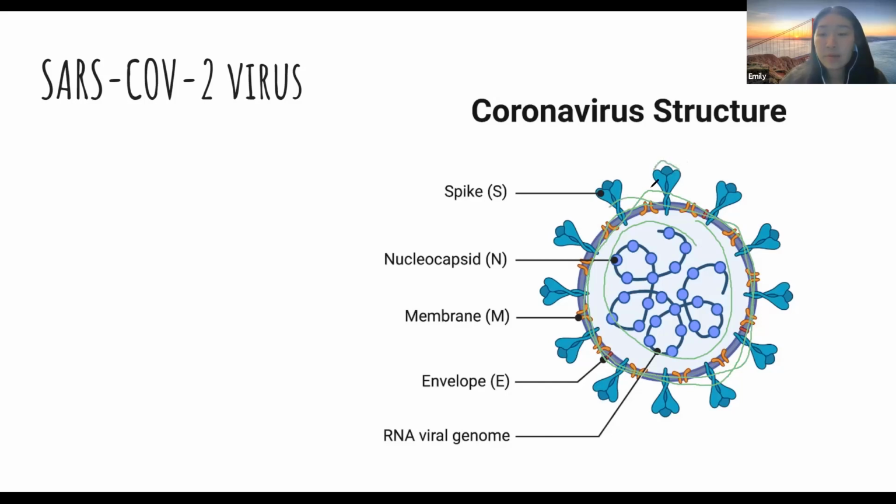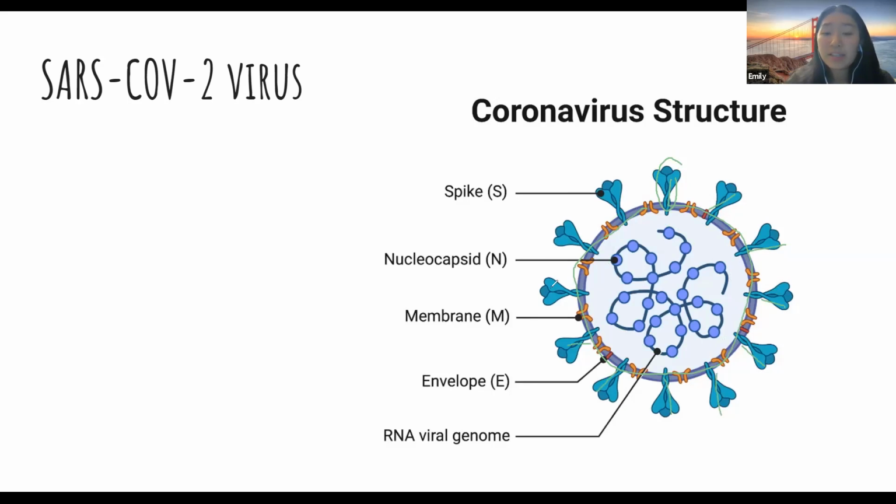And then on the membrane are these spike proteins, which are very characteristic of coronaviruses. And it's also kind of what gives it its name. The spike here, you can kind of see it looks a bit like a sun, which is what corona means, sun. So you can see the circles and the spikes coming out of it as a sun. That's why it's called a coronavirus.